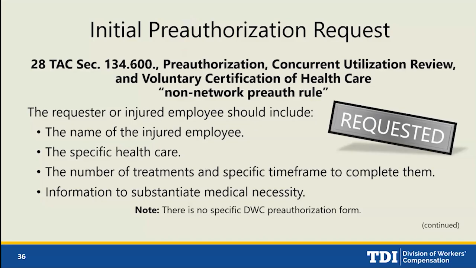That's the pre-authorization rule for non-network claims. So the injured employee or the representative, their doctor, when making that request from the utilization review agent, we don't have a form that you need to fill out. You're going to be using your own form or document.